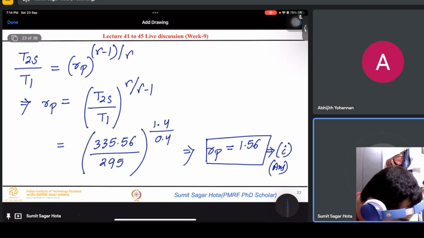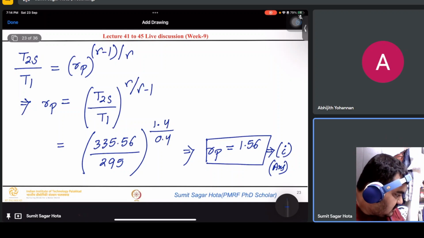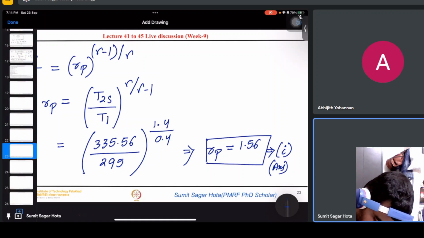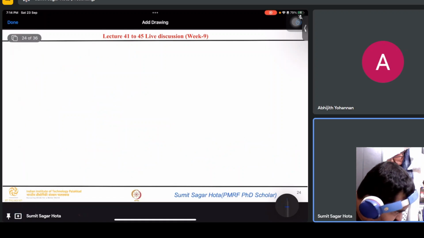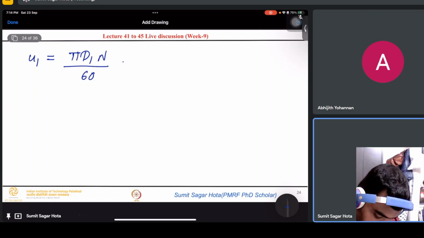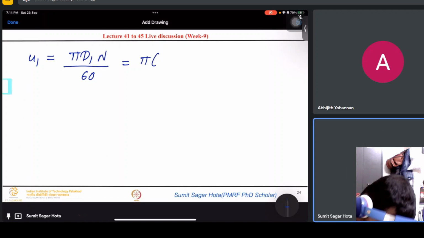Now the third bit is the inlet angle of the vanes at the root and tip of the impeller eye. Now how will U1 be found out? U1 is pi D1 n divided by 60. So pi into what is D1? It's already given in the question.